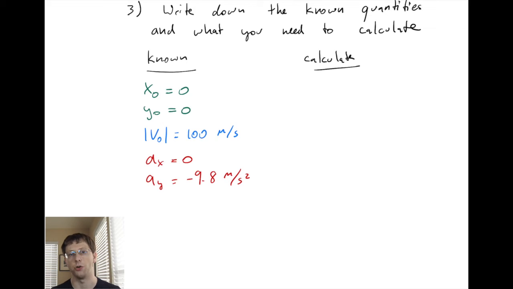And we also know the angle that the initial velocity is at, that's 30 degrees. What we're trying to calculate is x as a function of time and y as a function of time. And in this case, the unknowns that we need to calculate to do that are the initial velocities along the x and y direction. That's v0x and v0y.